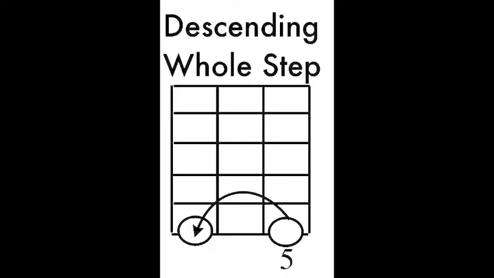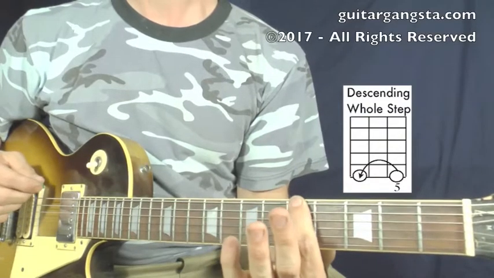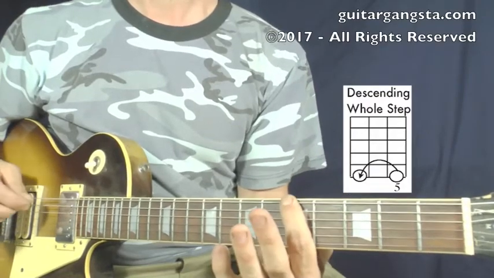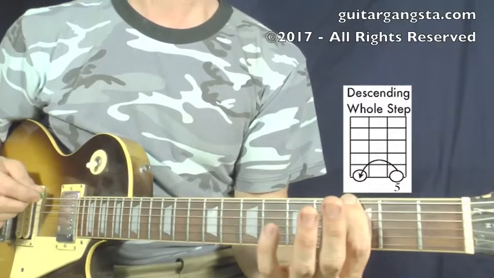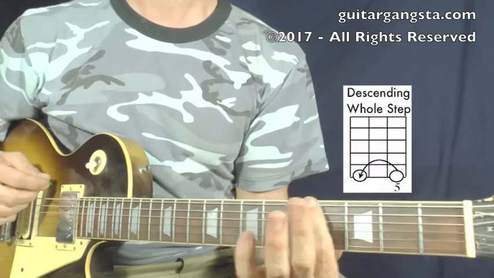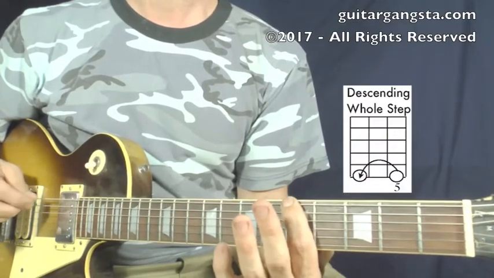The descending whole step, starting on fret 5, going down to fret 3. Internalize the sound of the whole step, in this case the descending whole step sound.